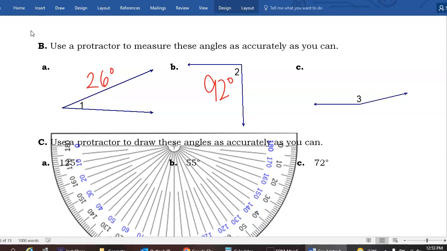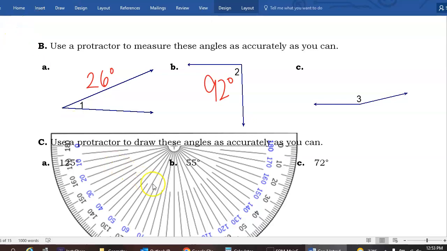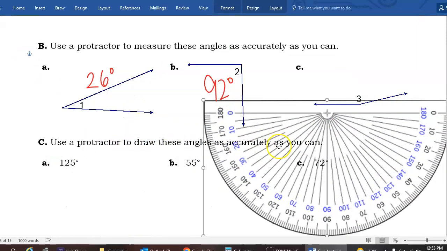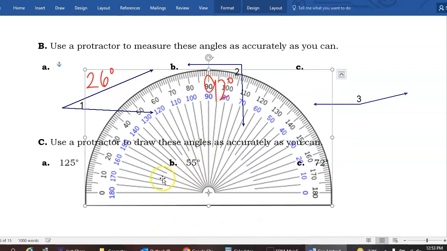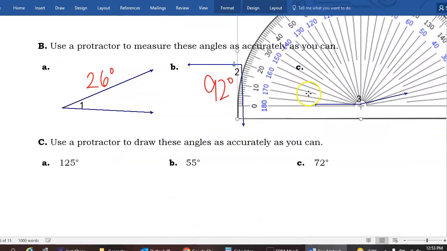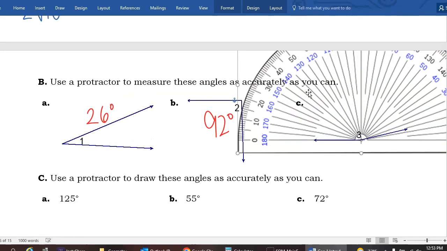And then finally, angle C. Again, we need to line up our vertex. And then we turn our protractor so that one of the rays points at the 0. And then wherever the other one points, that's going to be our measure. I'm off the page. Maybe I can zoom out.